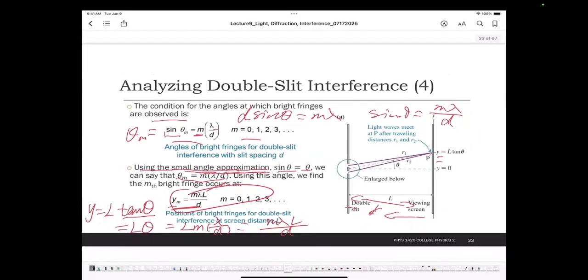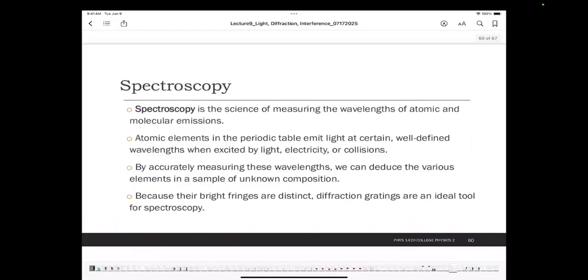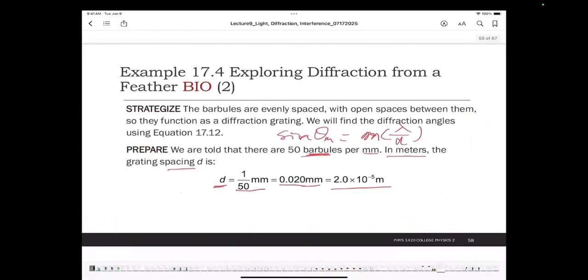The difference for the diffraction grating is that the brightness and narrowness of the bright fringes will change if you increase the number of openings. Does it make sense to you?